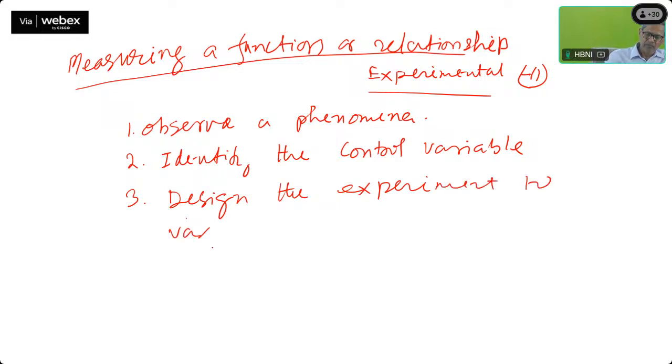To vary the control variable, measure the response variable, that is the dependent variable. You vary the control variable and measure the response variable, and keep other factors constant. That is, all the extraneous variables, you keep them constant. Then you perform the experiment.